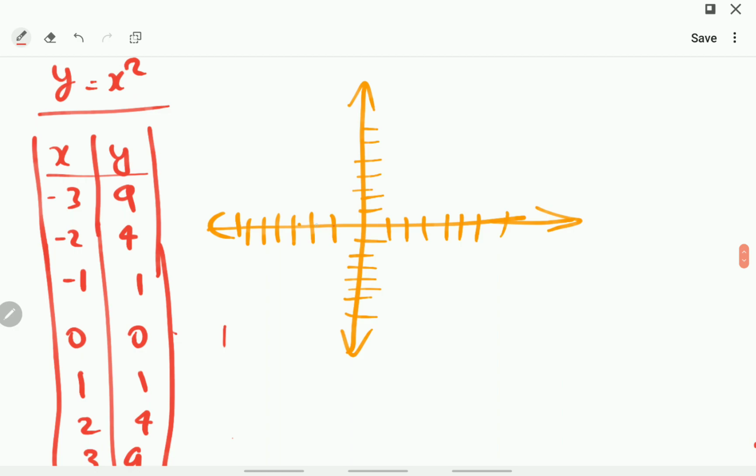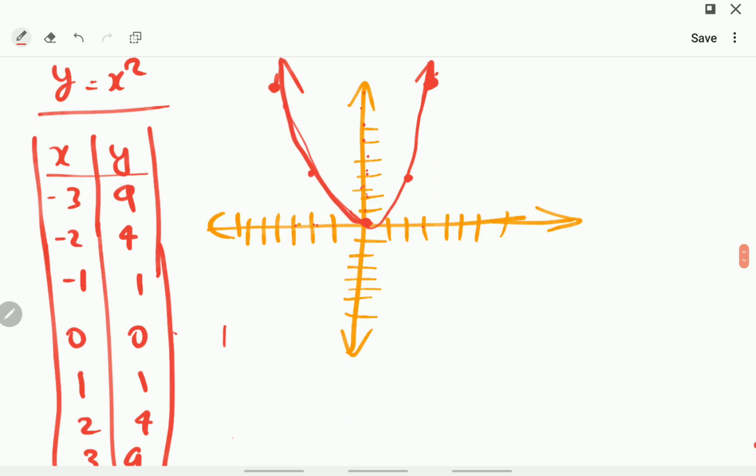So it's minus 3, 1, 2, 3, and then at 9. Minus 3, it's at 9. This is at 3, and that's at 9. Then minus 2 at 4. These are all symmetric, so gotcha. Let's just draw this parabola.